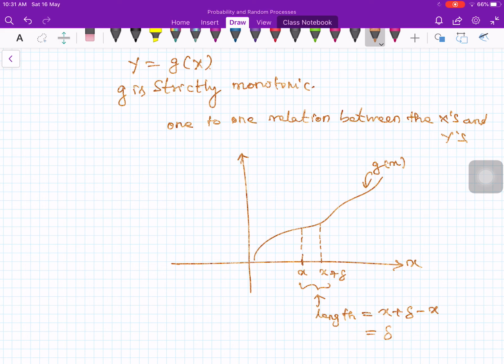Whenever capital X happens to fall in this interval, the random variable Y is going to fall in a corresponding interval. What is the corresponding interval? Let me change the color.